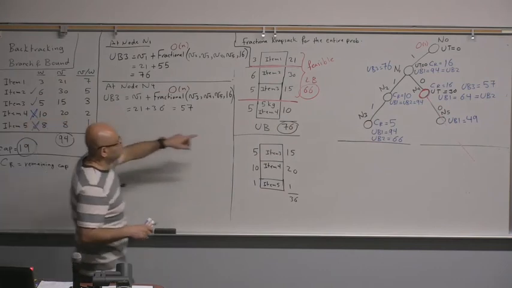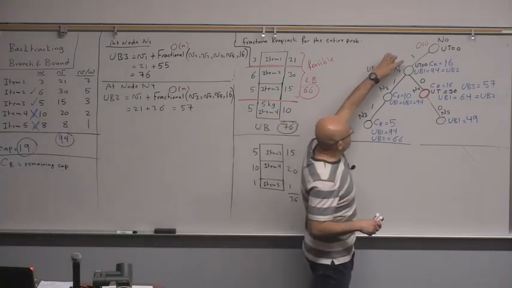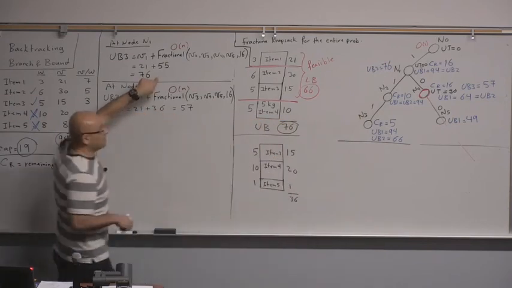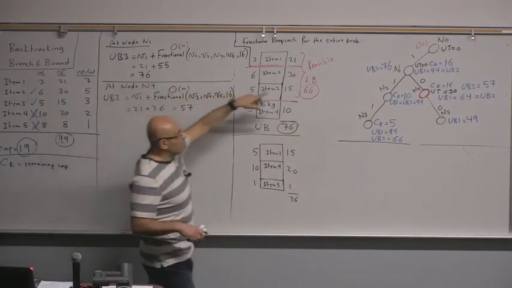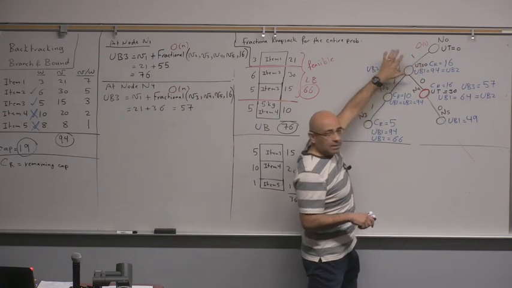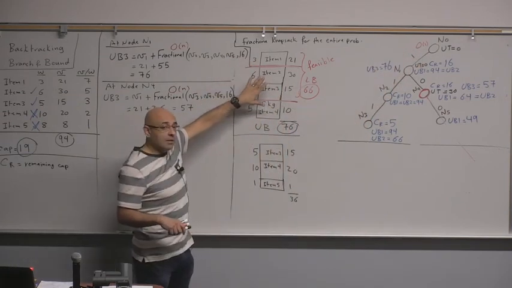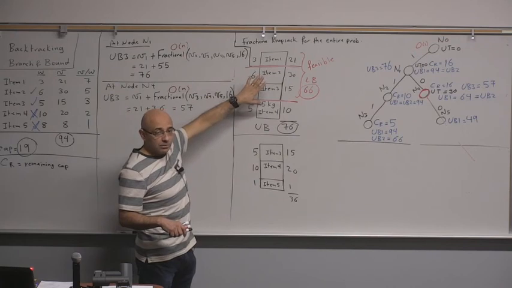So here, we have decided to take this item and we got 76, the same as the solution at the root node. By the way, this is the initial solution. You can think of it as the upper bound at the root node.